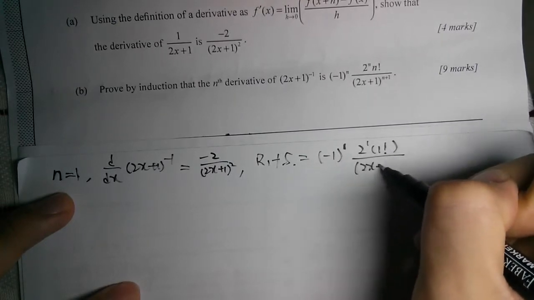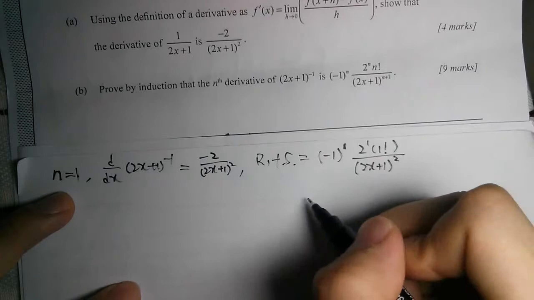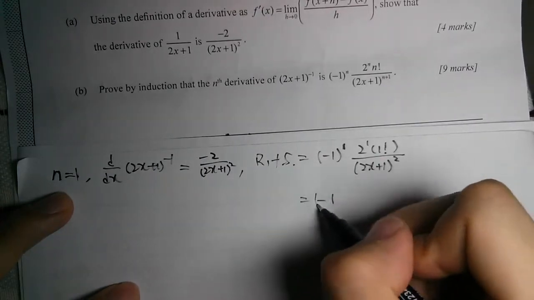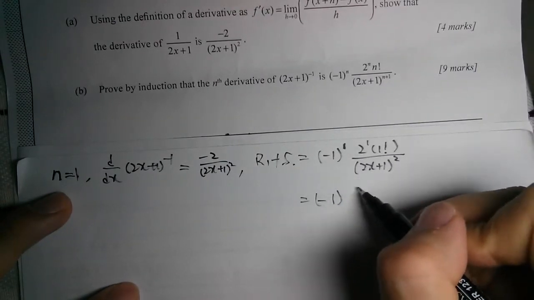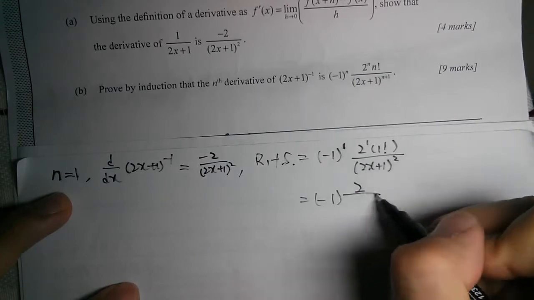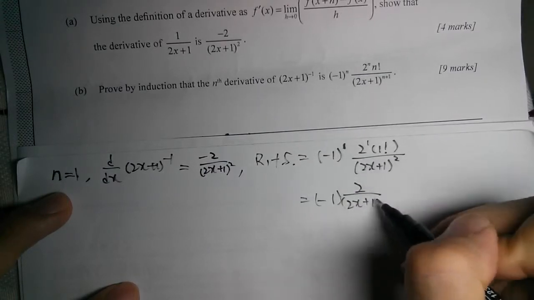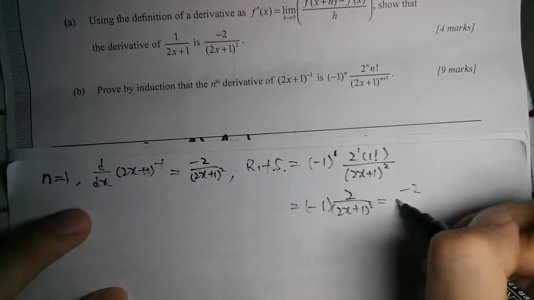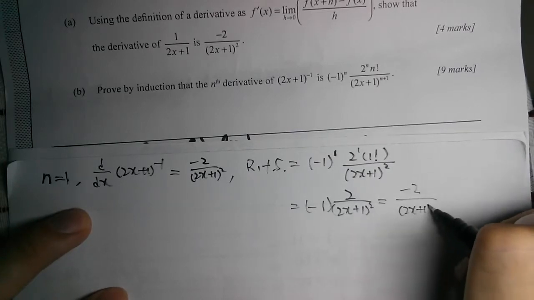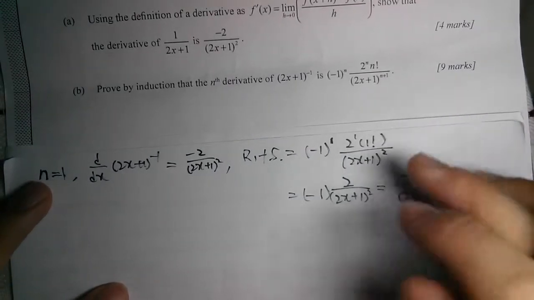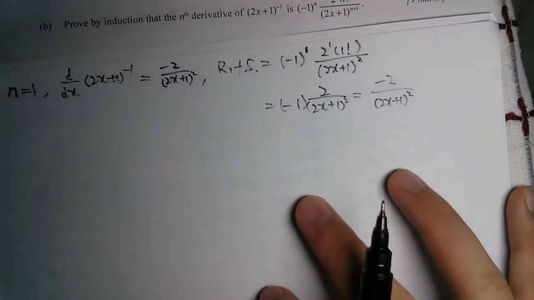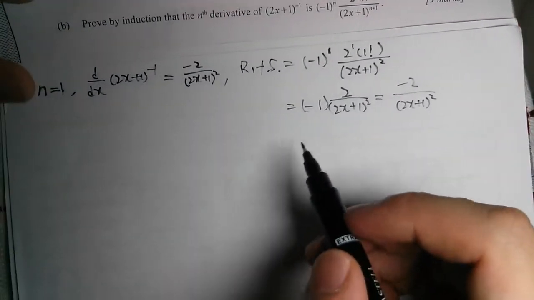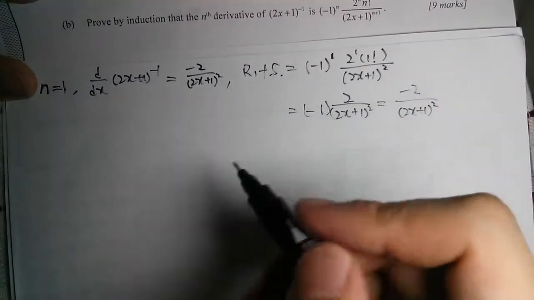You really want to be clear with your presentation because the marker knows that the answer is given. 1 factorial is 1. Therefore, if you skip too many steps, they will suspect that you have no idea what's going on and try to deduct your marks. So whenever it's a proof question, you try to be careful. Okay, so see, the same, of course.